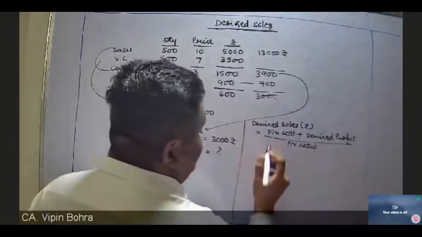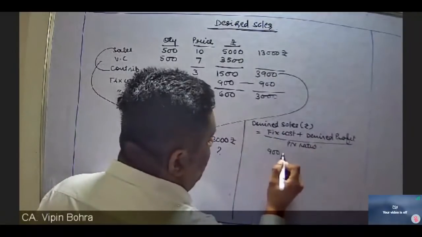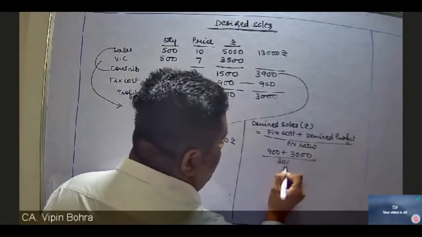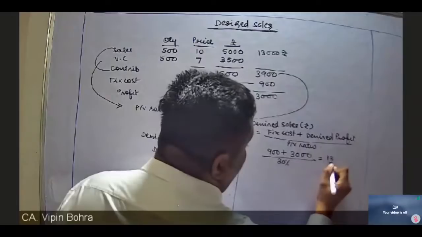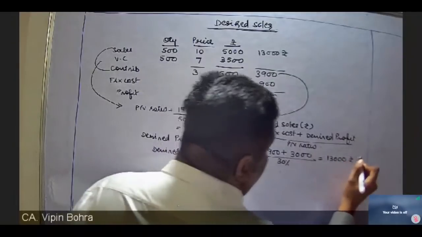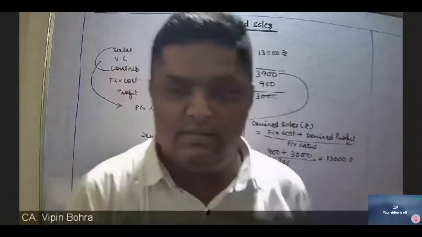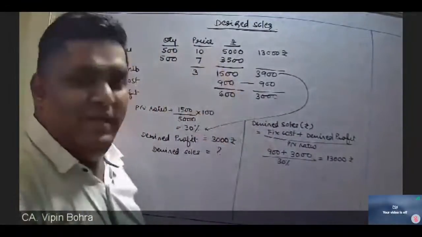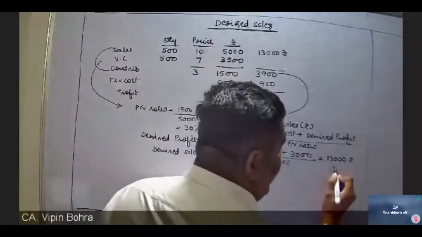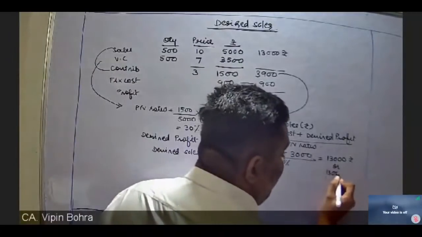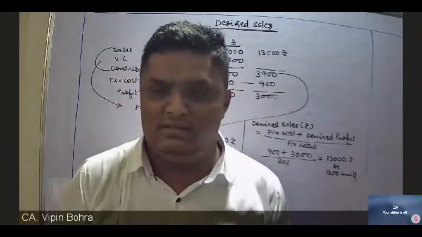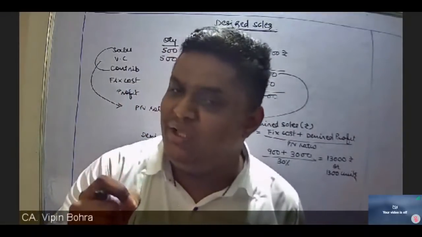My fixed cost was 900 plus 3,000 divided by 30%. That is 13,000 rupees. One unit is sold for rupees 10. So we can say 1,300 units. Again, we can calculate the units in some other way also.